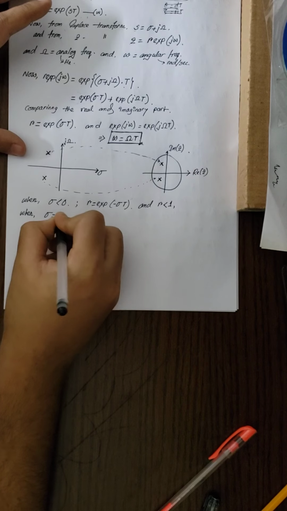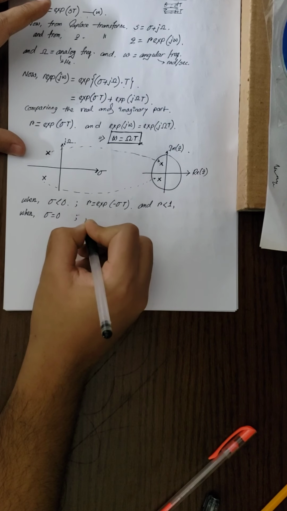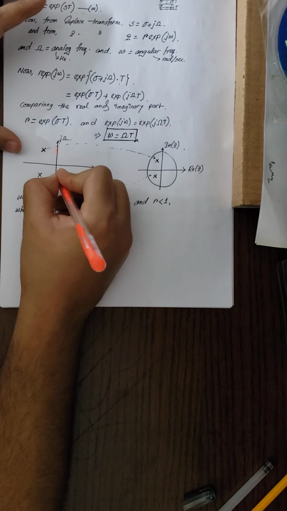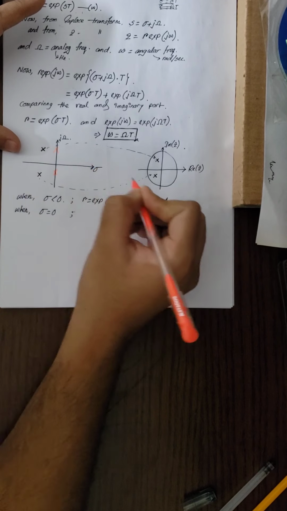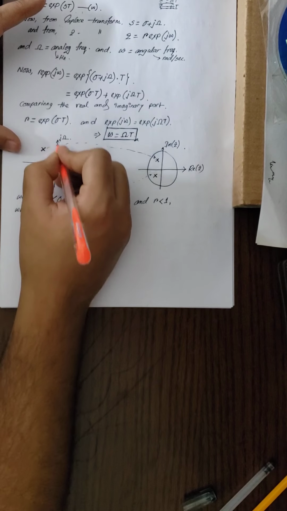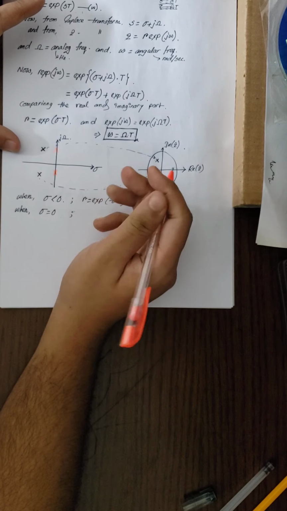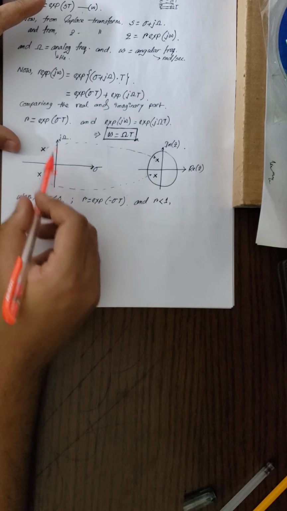When sigma is equal to 0, the poles will be occurring on the j omega equals 0 axis. First we considered our pole in the left hand plane.